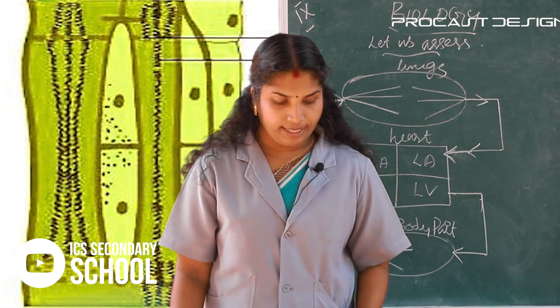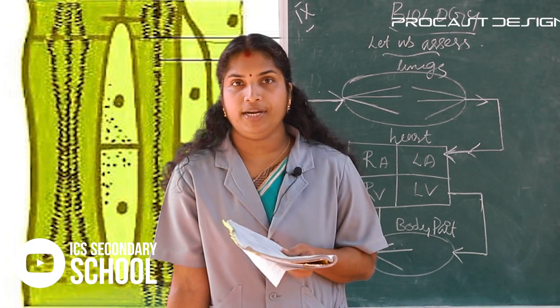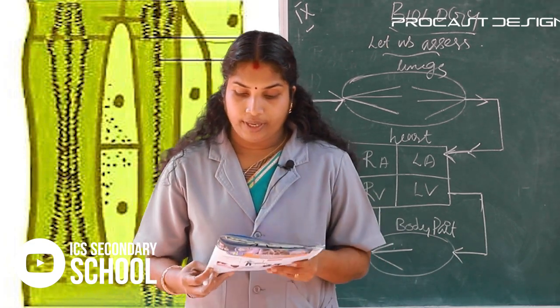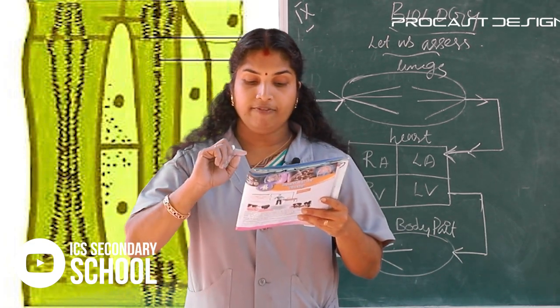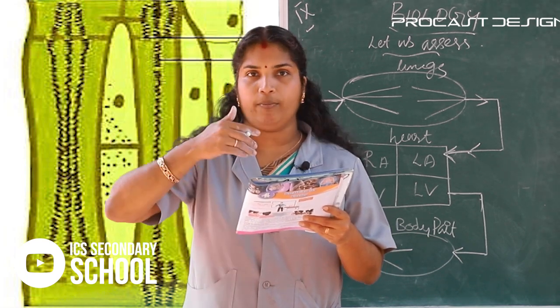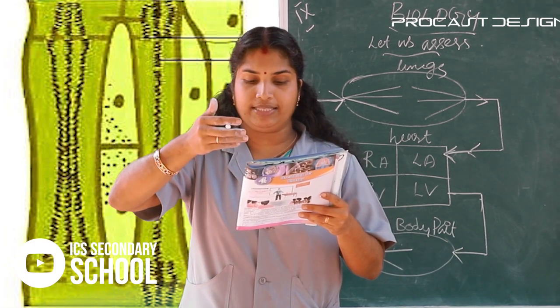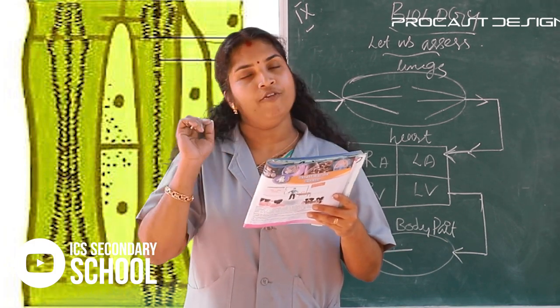A denotes the xylem. B denotes the phloem. How to observe this? In the xylem vessels, the conduction of water is an upward movement, and the downward movement is in the phloem vessels.